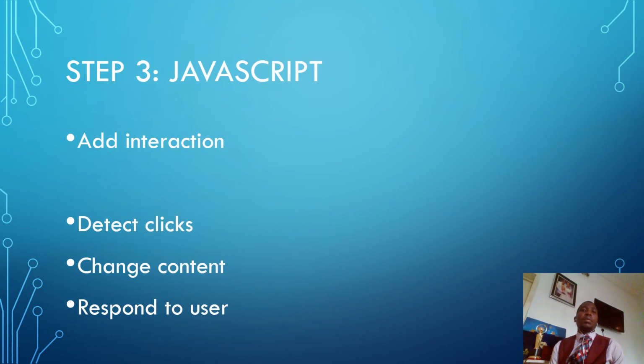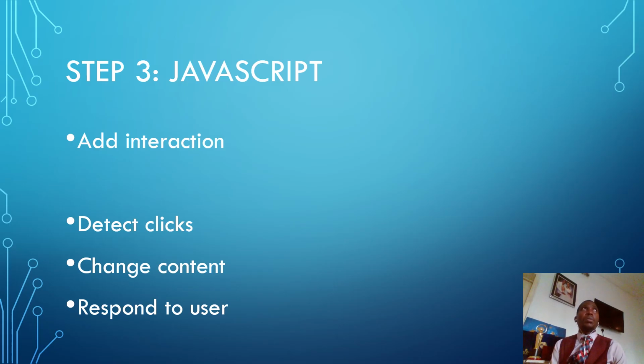JavaScript, our brain, you give it interaction. You enable it to detect a click when you click the button that was created in the HTML and styled in the CSS. Then the JavaScript helps you to detect that same click, and it helps to change the content.